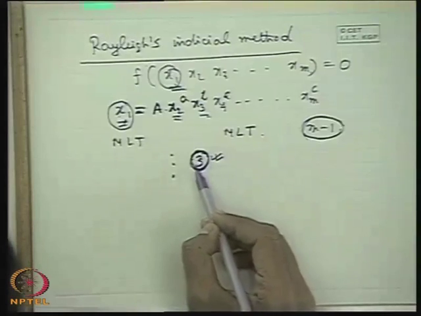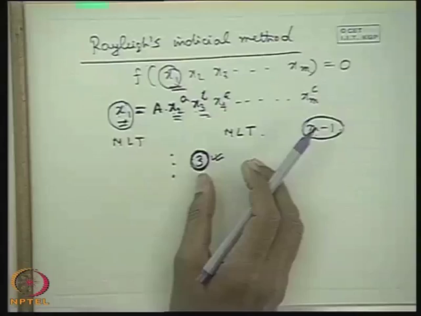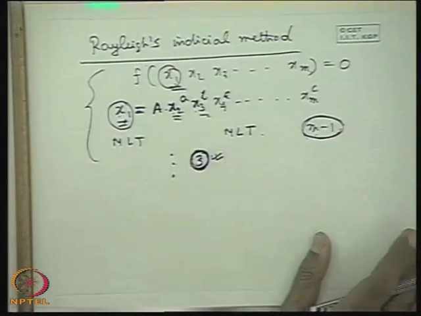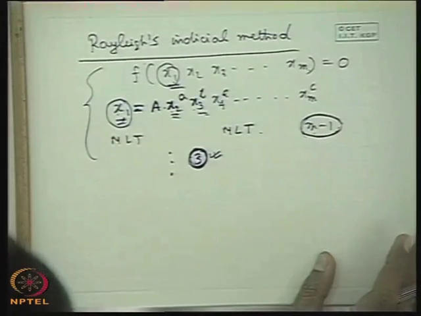So 3 variables are eliminated from the m minus 1 unknowns in finding the grouping of the pi terms. This is the key point, or central role, of Rayleigh's indicial method.